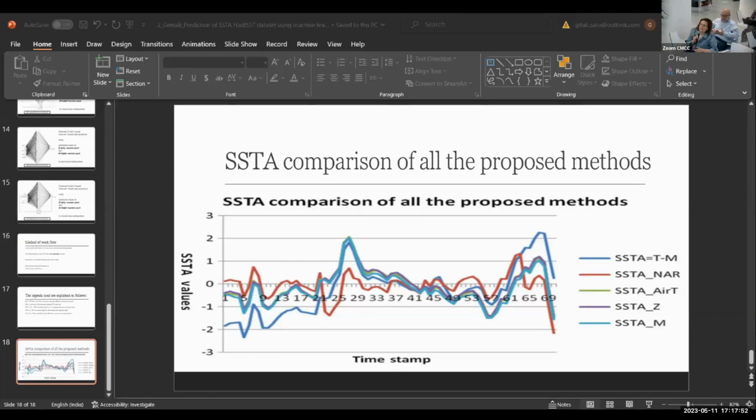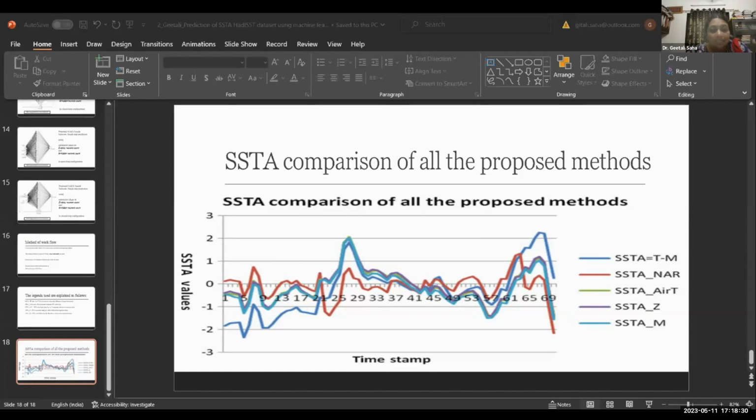So how good is this forecast with respect to, for example, the available numerical model forecasts, operational oceanographic models? Presently, what I have done is that I have taken this data for a specific location only. If I want to compare it with the numerically existing forecast, then I have to take the data at various locations.